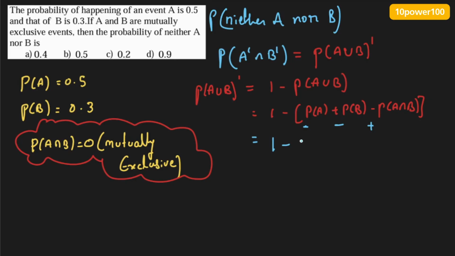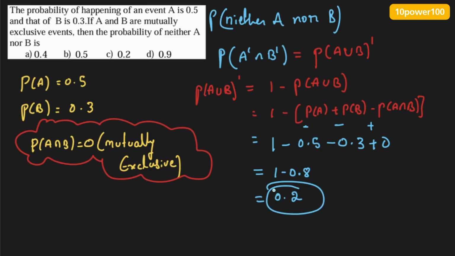P of A value is 0.5, P of B is 0.3, and you all know P of A intersection B value is 0, so it becomes 1 minus 0.8, the answer is 0.2. We have that option. Yes, option C, 0.2 is the correct answer.